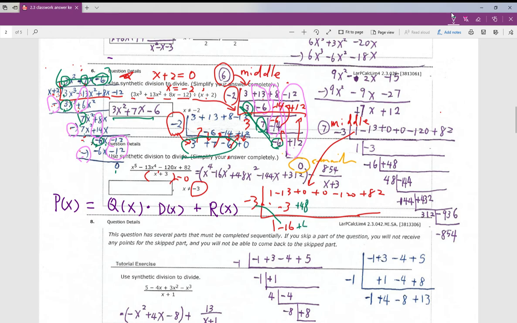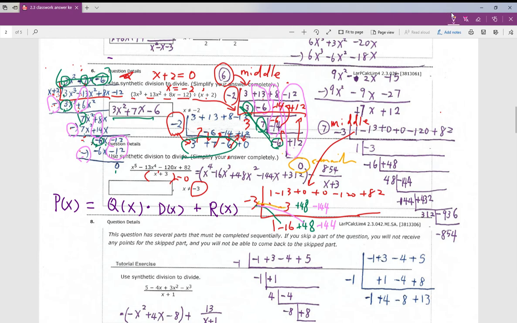Plus together you have 48, and then 48 you multiply with negative 3 again. So you are going to have negative 144. Negative 144 plus together becomes still negative 144. Now let me change the color.